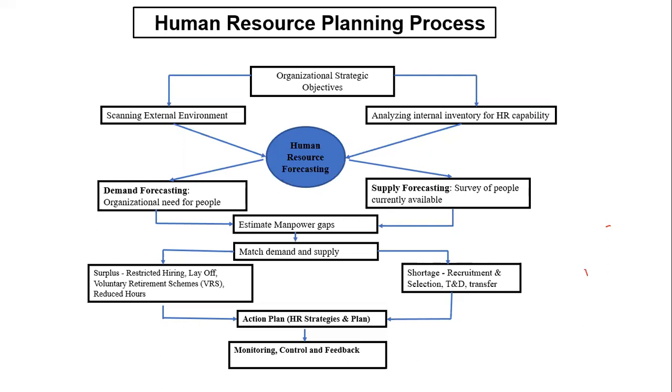Human resource forecasting is a systematic process that helps the HR planner or the HR forecaster to determine the need for and availability of human resources. I'm saying it again: human resource forecasting basically helps the HR planner to project the need for and the availability of human resources.